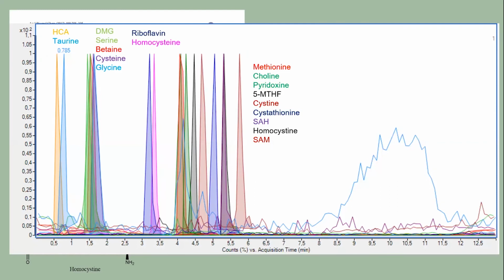This is a chromatographic profile of the metabolites and cofactors of interest to me, including the metabolites and cofactors that Gerard looked at. I am also expanding the methylation profile to include homocysteine, cysteine, and glutathione, as these are also important to get a more comprehensive picture of the methylation cycle.